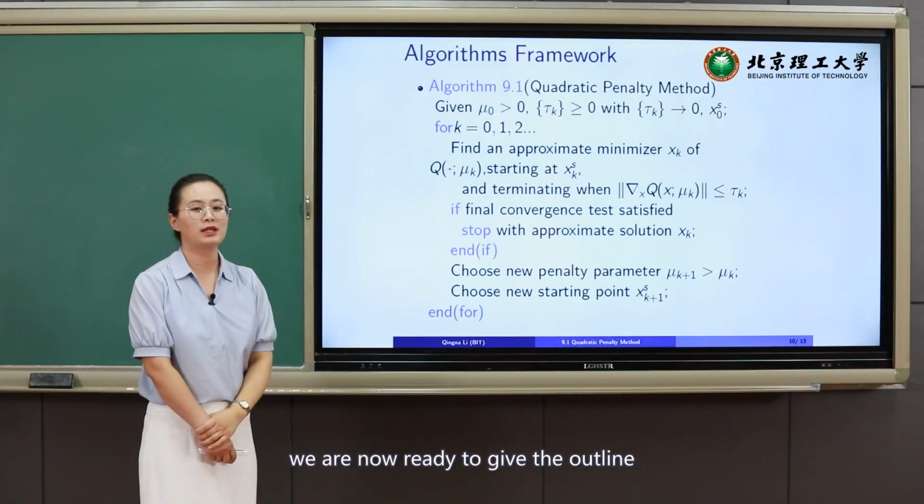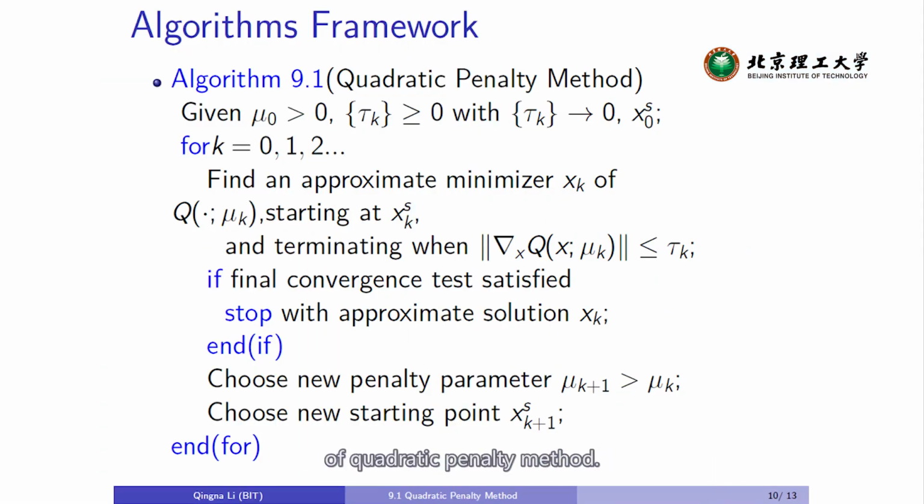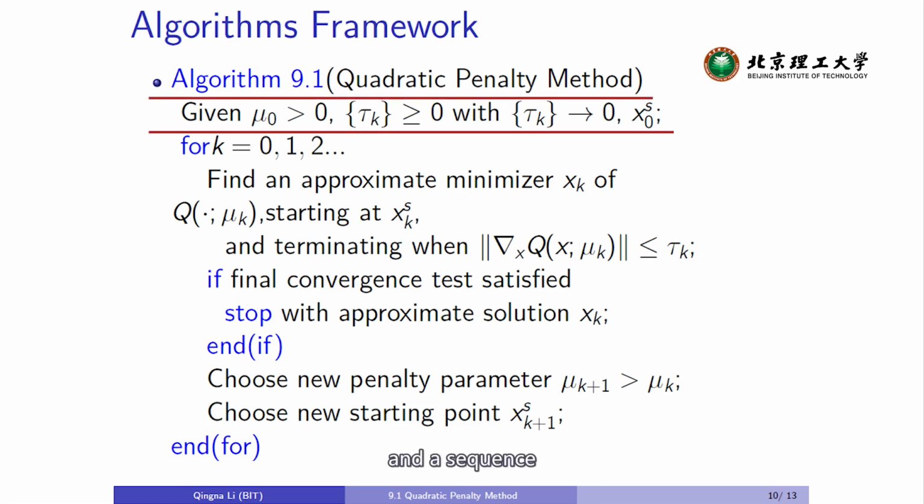After that, we are now ready to give the outline of the quadratic penalty method. Before that, we have some settings: the starting penalty parameter mu_0 and the sequence tau_k, which controls the tolerance of solving the subproblem.